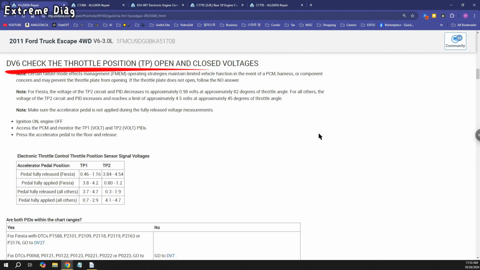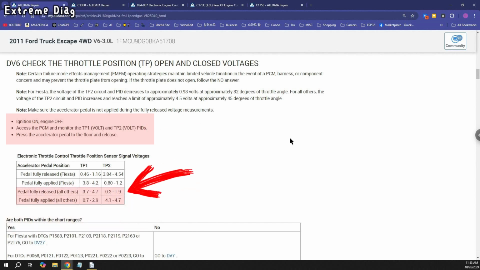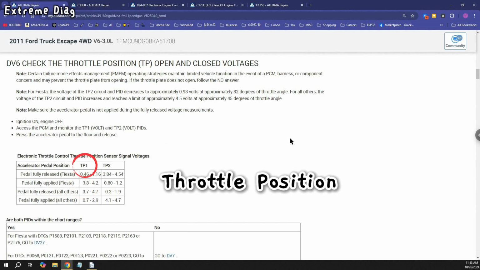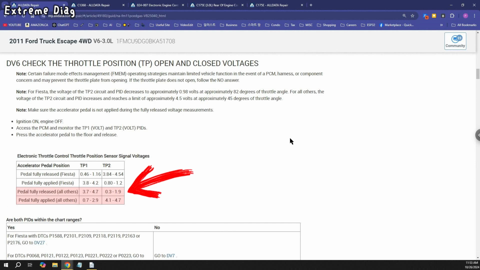DV6 is lengthy, but in summary, it says to monitor the throttle position's real-time data with the scan tool and compare it to specifications. Typically, the throttle body has 2 position sensors, abbreviated as TP1 and TP2. I'll take a photo of this chart and head to the car.